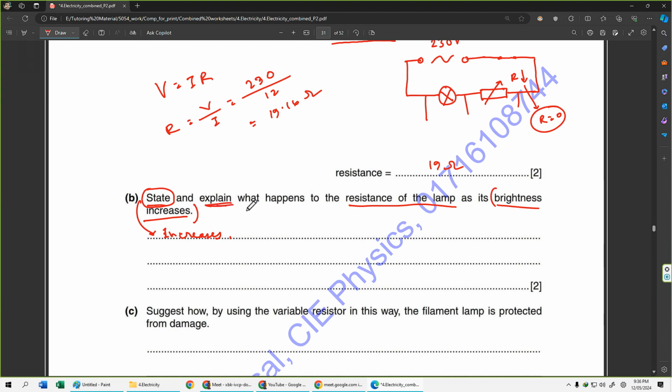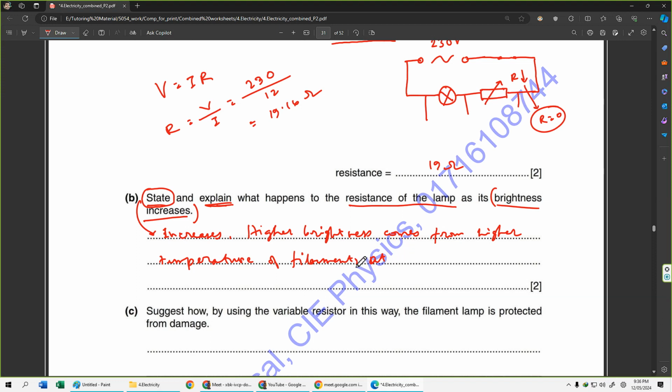And as for the explanation, if I was writing, I could write it this way, that higher brightness comes from higher temperature of filament lamp, full stop.